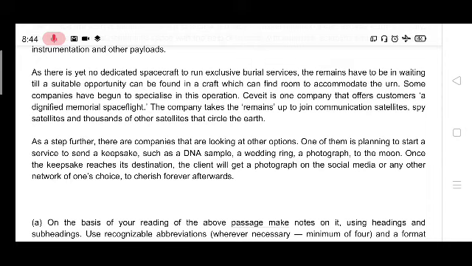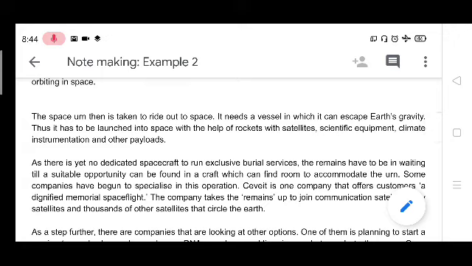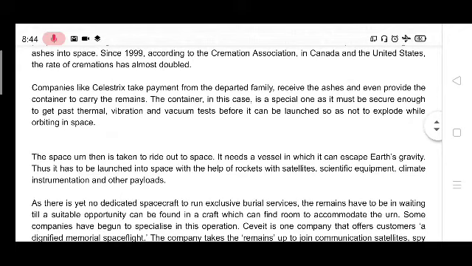So now this is a very interesting passage which talks about how people are cremating their loved ones even in countries where cremating the dead bodies is not in practice, but they are doing so that they could send their loved ones' ashes to space.